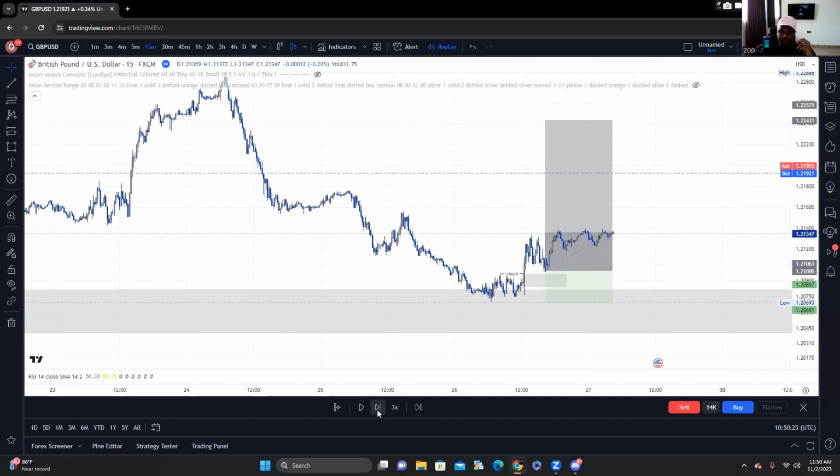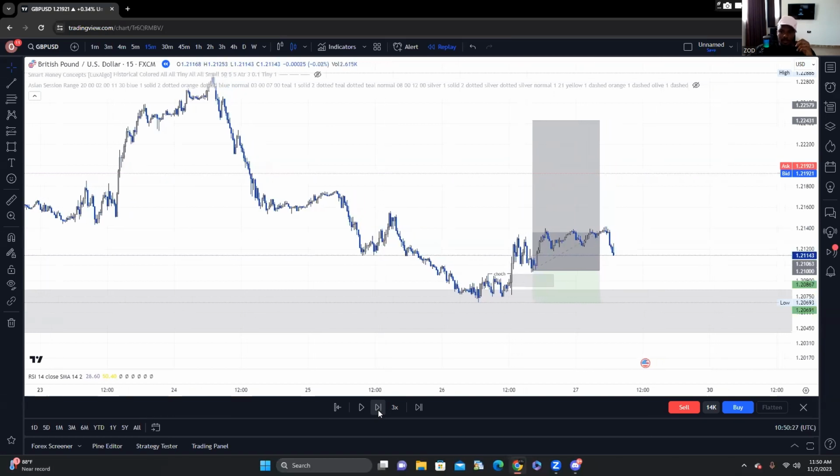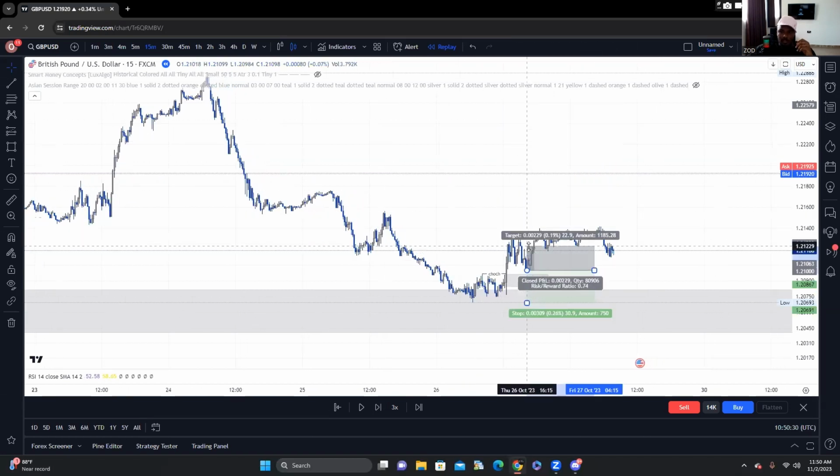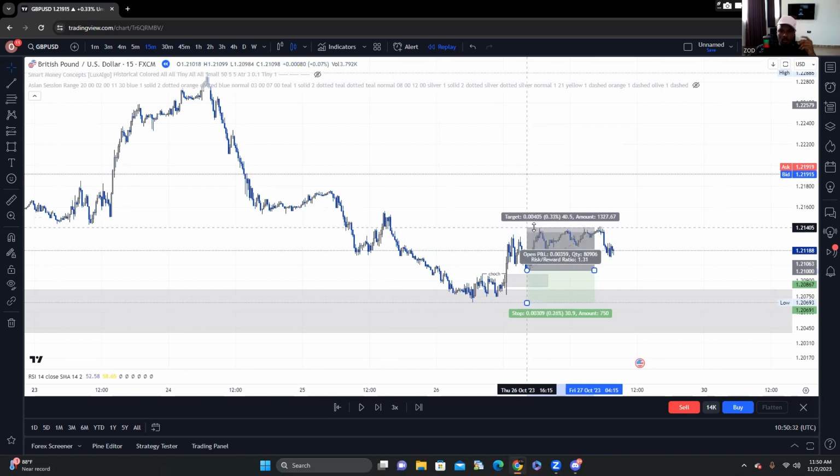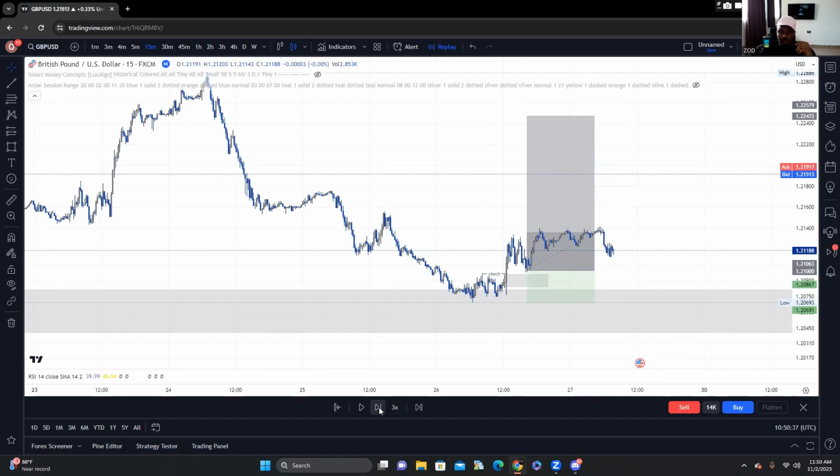See price moving quite slowly anyways. But what do we have here? Let's just check. This is already a 1:, okay, 1.3. So we are still in profit either way.